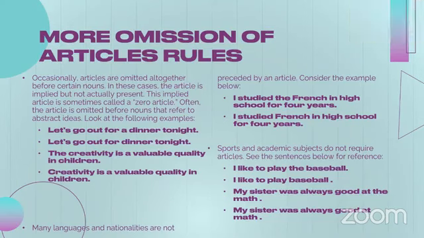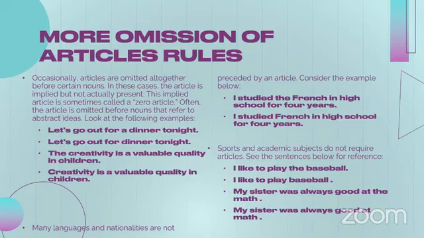Okay. Let's go, man. More omissions of articles rules. Occasionally, articles are omitted altogether before certain nouns. In these cases, the article is implied but not actually present. This implied article is sometimes called a zero article. Often, the article is omitted before nouns that refer to abstract ideas.